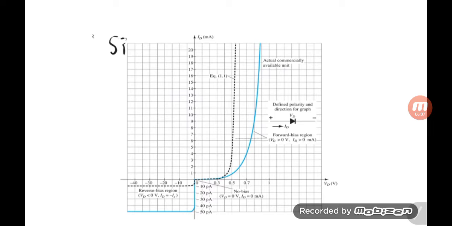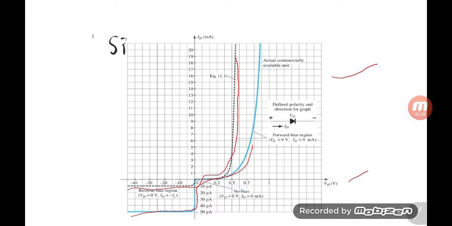And if you see the current characteristic varying with voltage, you will find it like this. If you plot that ID equation, you will get this dashed curve. But actually the commercial diode curve is like this blue curve.